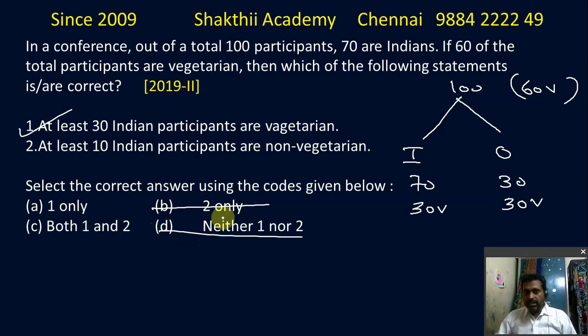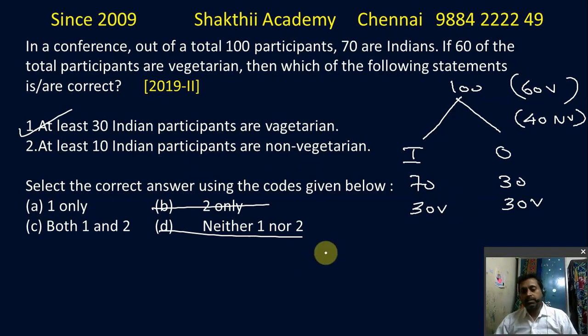Now we'll try with the second statement. At least 10 Indian participants are non-vegetarian. See, it's very clear. 60 are vegetarian means automatically 40 people are non-vegetarian out of the 100. It is given at least 10 Indian participants are non-vegetarian.